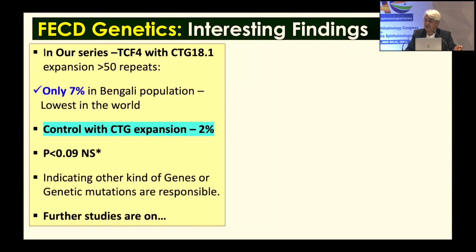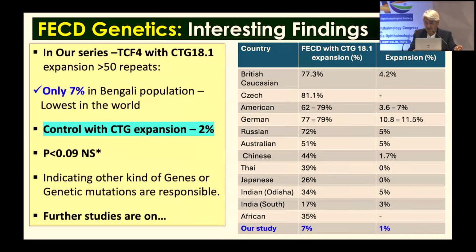So it was not statistically significant, indicating that other genes or genetic mutations are responsible. Further studies are going on. If you see the published data parallelly, in India the lowest was 17%, but on the higher side, in British, Caucasian, American or German populations, it is nearer to 80%.